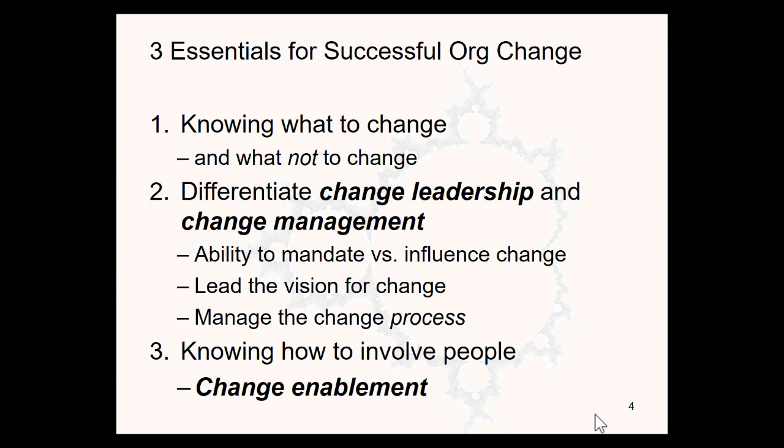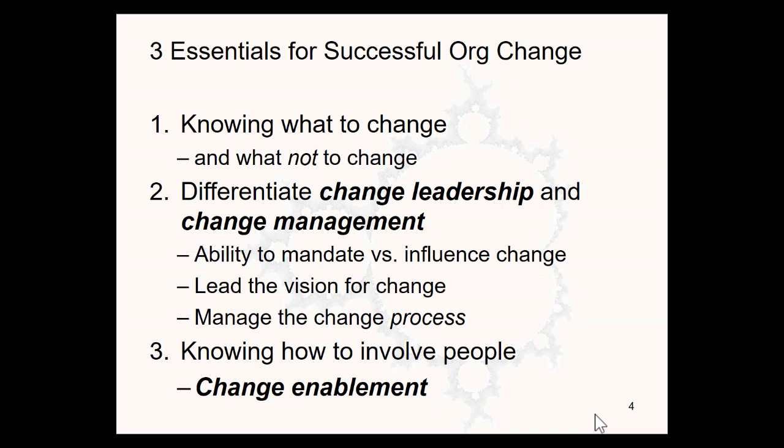What you then have is a combination of change leadership, change management, and change enablement all working together for a successful change process. And not to be forgotten, knowing what to change and what not to change.